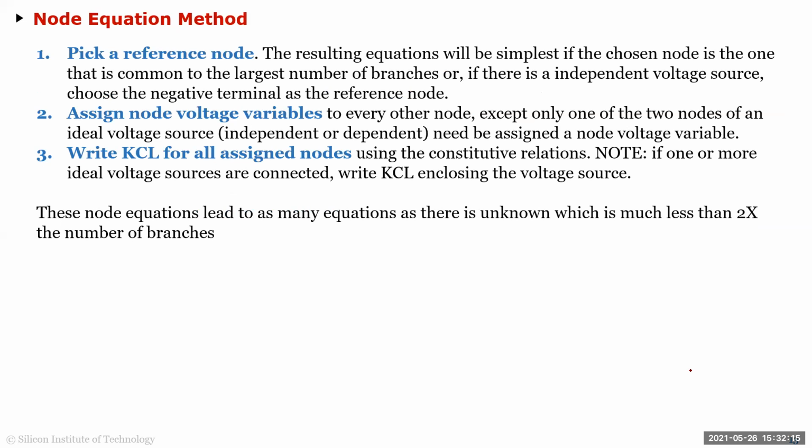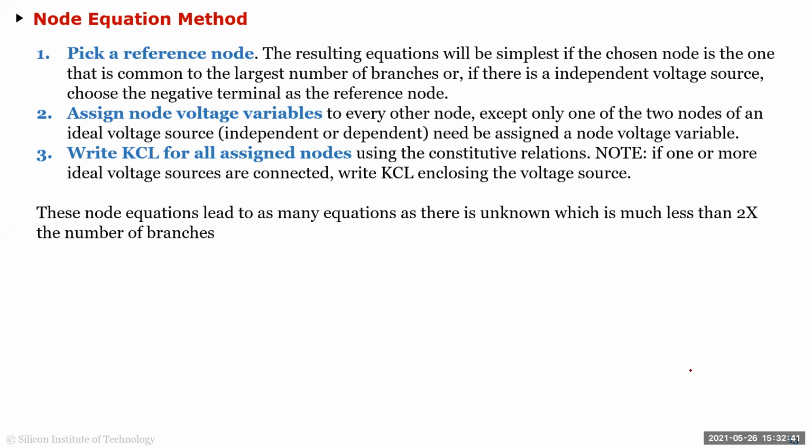So the node equation method is, instead of doing KCL on all nodes and KVL on all branches, what you do is you pick a reference node. Okay. And how do you pick a reference node? You can arbitrarily pick it, but sometimes it is best you pick a node which you think is the lowest potential node.